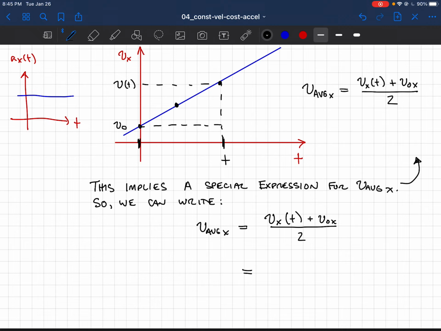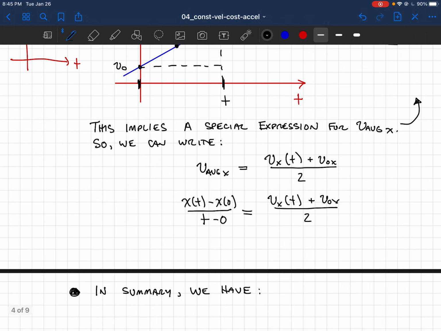But v average x is also equal to delta x over delta t. So that's x of t minus x of 0 over t minus 0. Now we can write this as x of t is equal to, multiplying both sides by t and then adding x0.